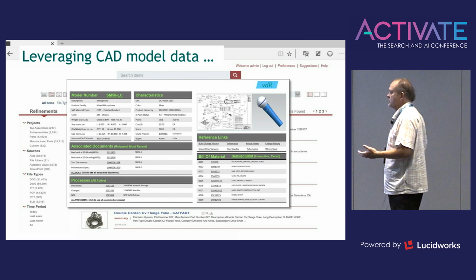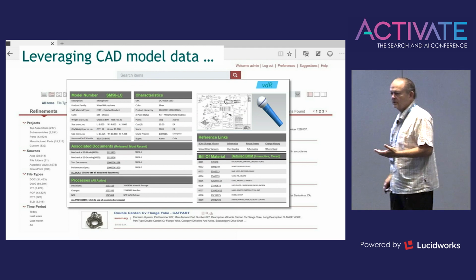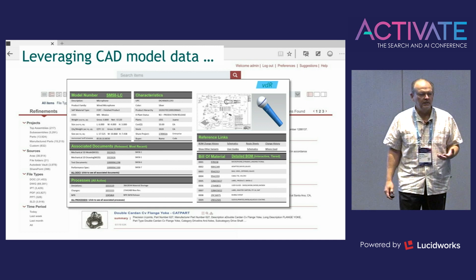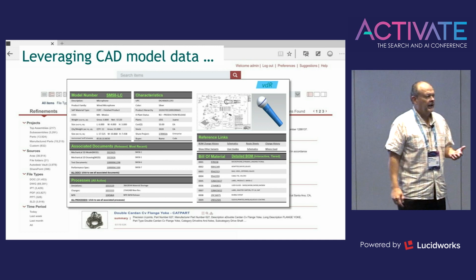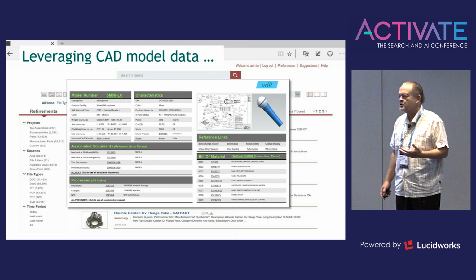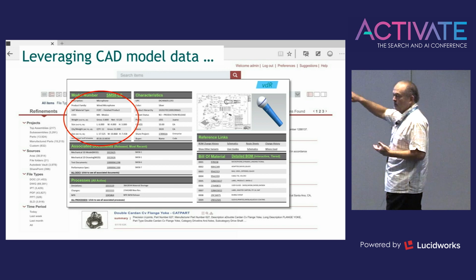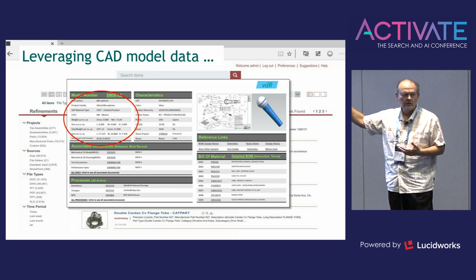Now, here's the interesting thing. We pick a particular item, a particular part, a particular assembly, and it's clear that there's a lot of other information that's connected to it. This diagram happens to be a screenshot from a customer.